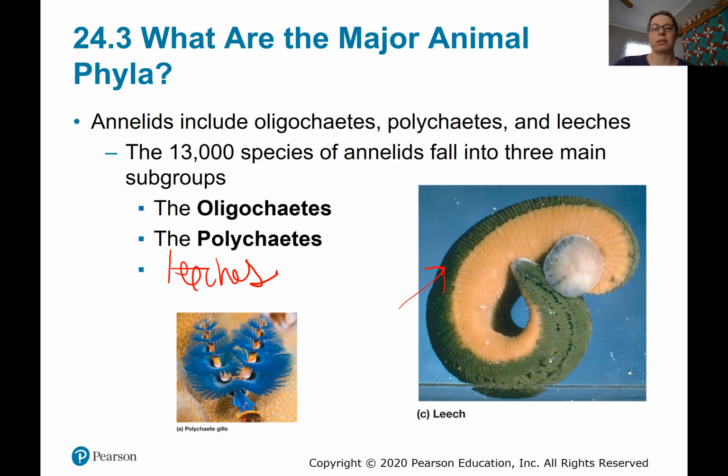Special leeches are used in medicine, like if a person lost a finger and they needed to try to reattach it. Sometimes they'll put leeches on that dismembered appendage as they're trying to reattach it, to help blood flow return to that organ or appendage. So leeches are kind of cool. If you ever get them on you, though, it's kind of freaky.